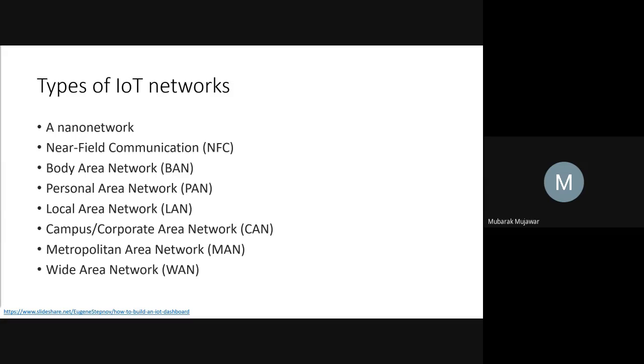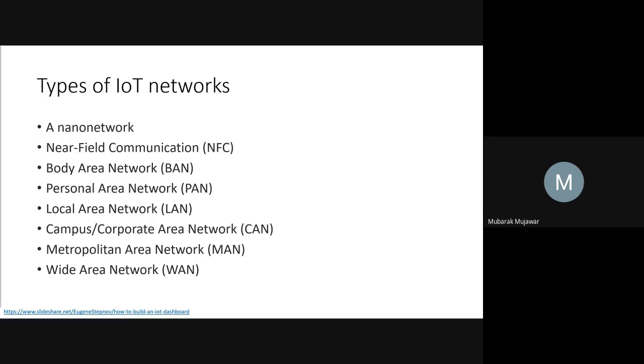We can use a smaller personal area network or a local area network, which you are aware of. We can go for bigger campus or corporate area networks, and we can also go for some wide area networks. And depending upon these networks and the communication technologies which we'll be using, we have to choose a proper platform as well as proper dashboard.